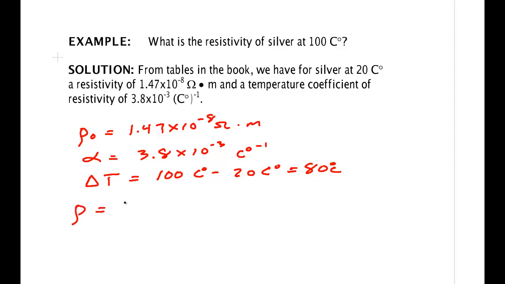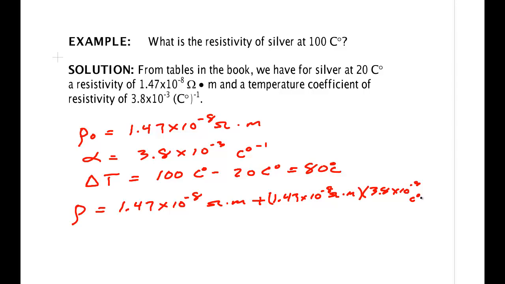So rho is 1.47 by 10 to the minus 8 ohm meters plus 1.47 times 10 to the minus 8 ohm meters times 3.8 by 10 to the minus 3 degrees Celsius to the minus 1 times 80 degrees Celsius. That Celsius kills that. I'm still in ohm meters.